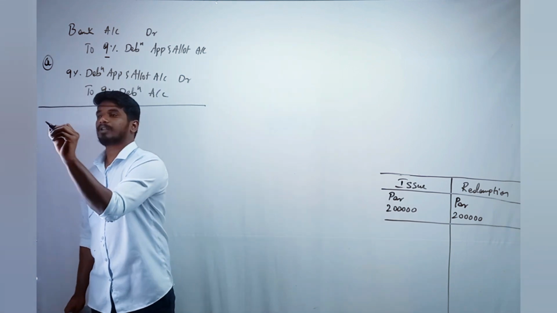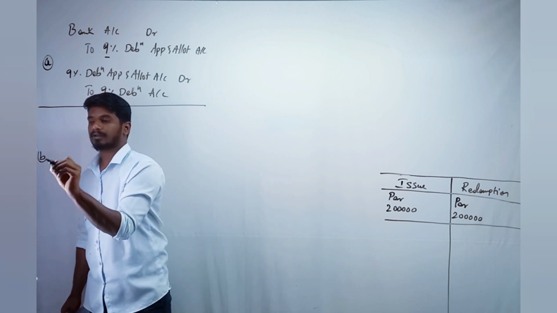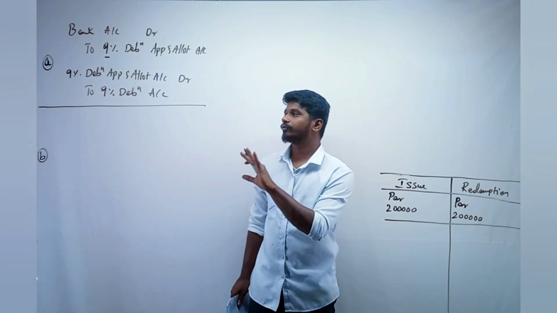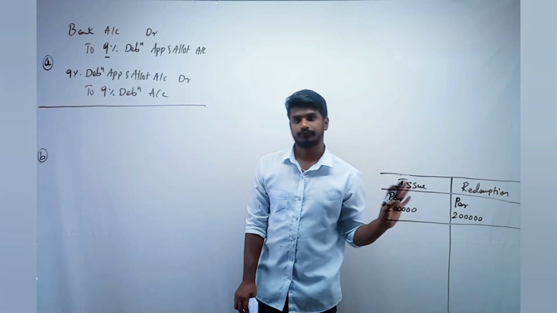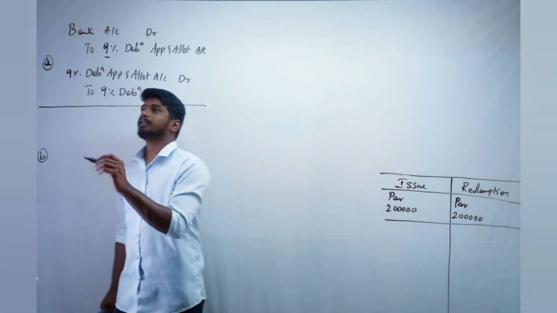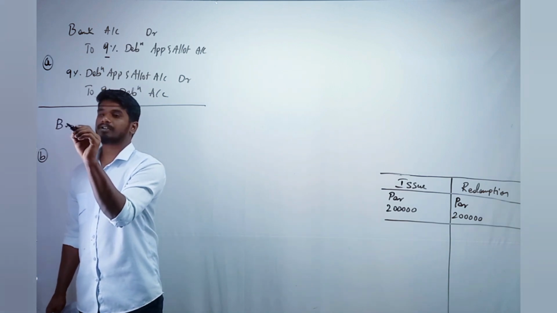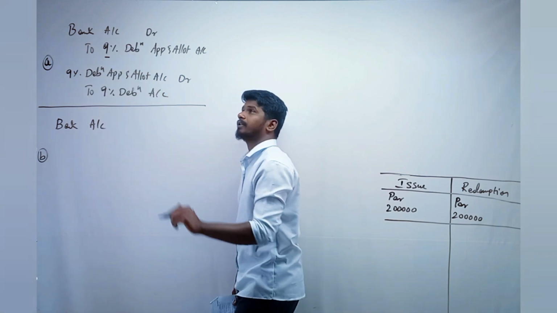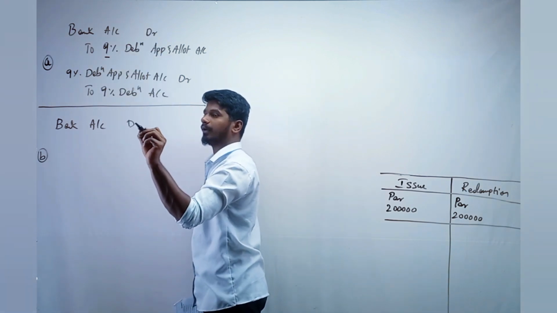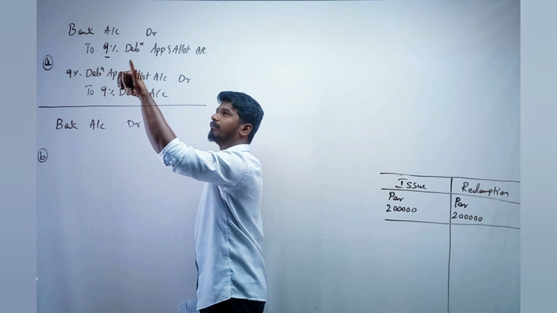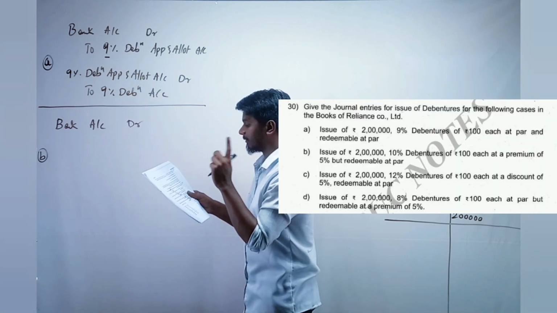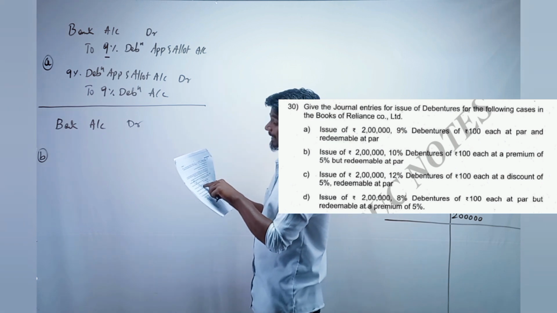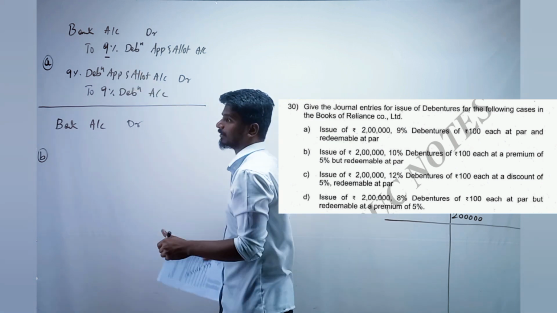So with me, copy paste the work for the entire question, right? So this will be your solution. The first, bank account, copy paste bank account debit to 9%, or whichever the second, B1. Be careful with the percentage of debenture. The B1 is 10% debenture, not 9%, correct?